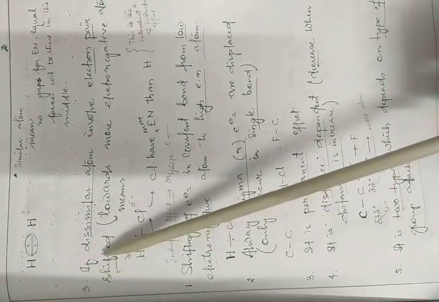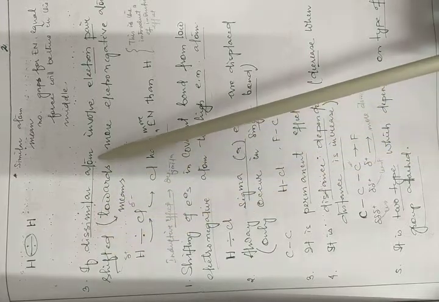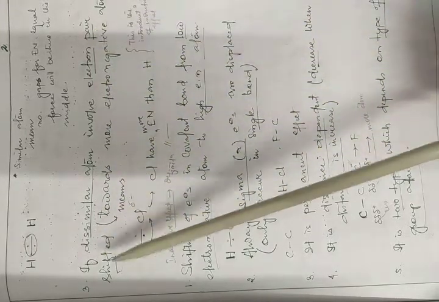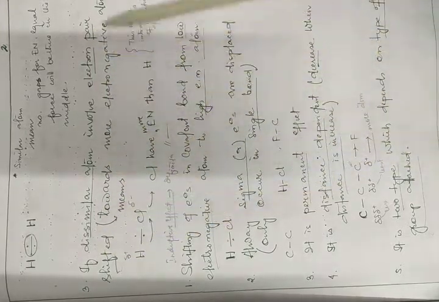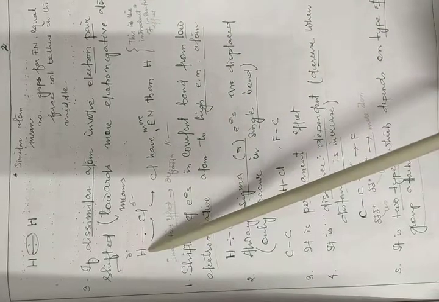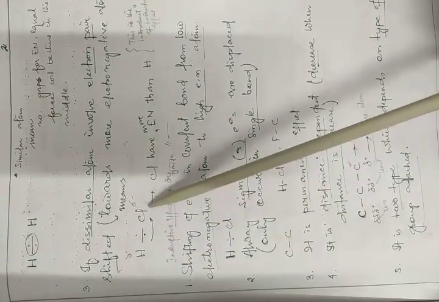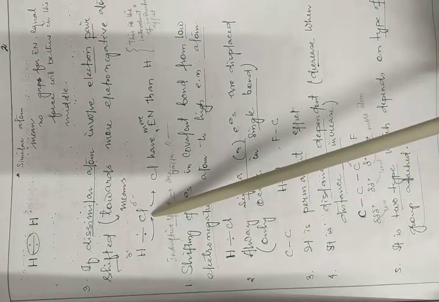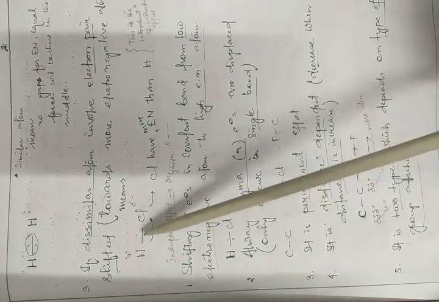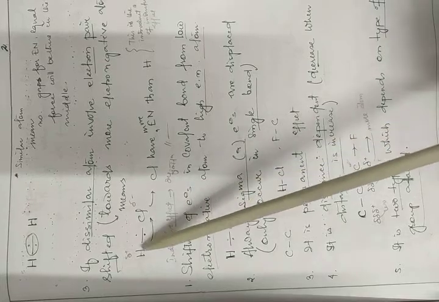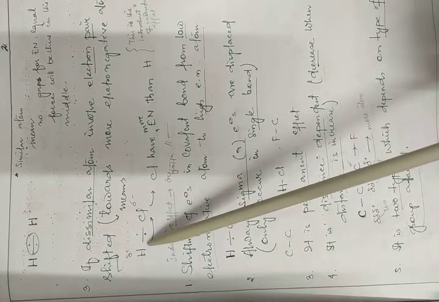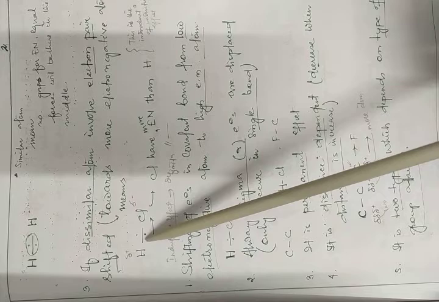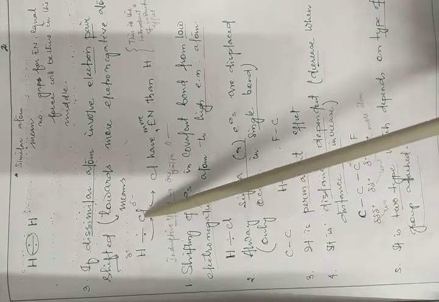And the third point: if dissimilar atoms are involved, the electron pair is shifted towards the more electronegative atom. Here hydrogen and chlorine are different atoms, so the shared electron pair shifts towards the chlorine.